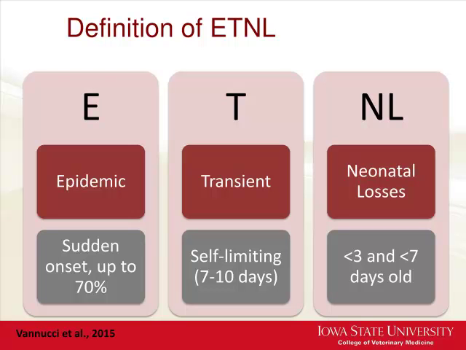It is transient, it really goes away, and up to this point we don't know of any farm that rebroke, that had that neonatal mortality and then, down the road after 1 month or 2 or 3, had it again. We are now some 10, 11 months from the first case that we know of, and we're not aware of any rebreaks. So whatever it is, it has been really epidemic, transient, and infecting only those neonatal piglets.